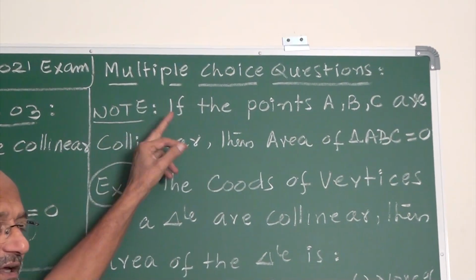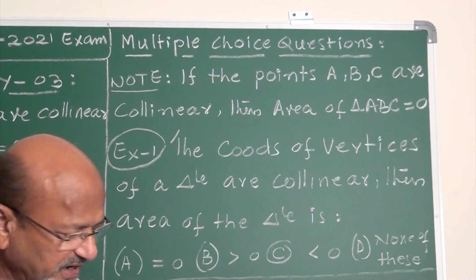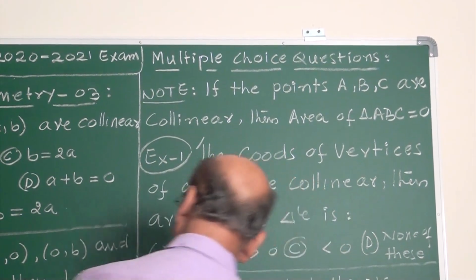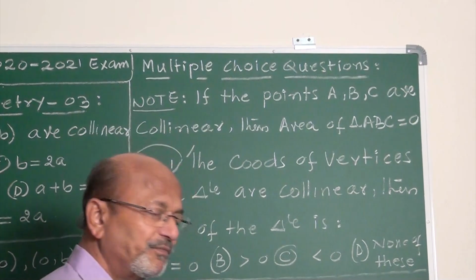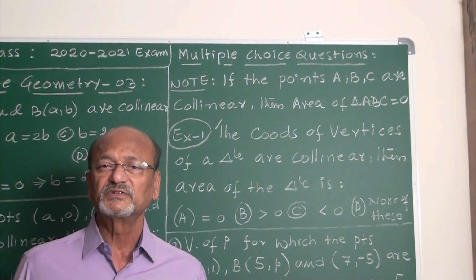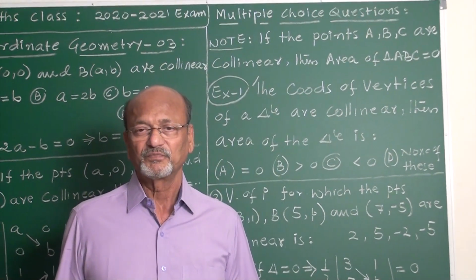If the area of the triangle is 0, then the vertices of the triangle lie on the same line. If the points lie on the same line, then we say the points are collinear.